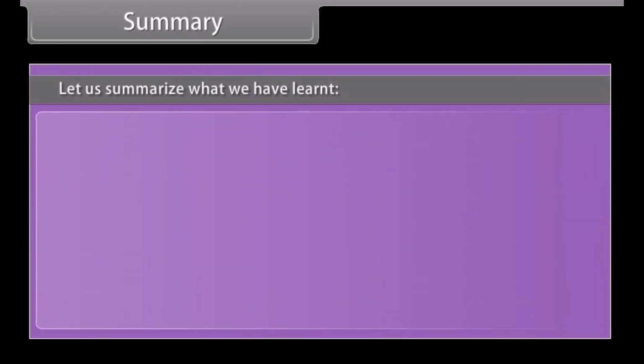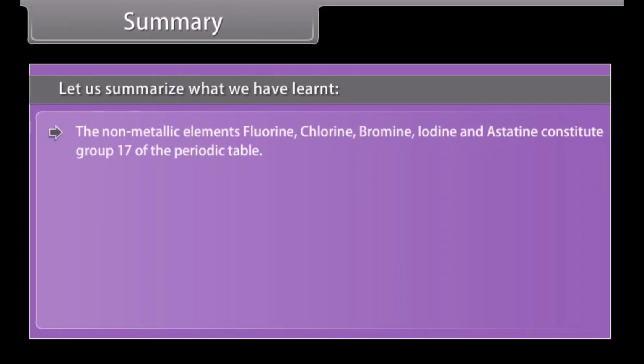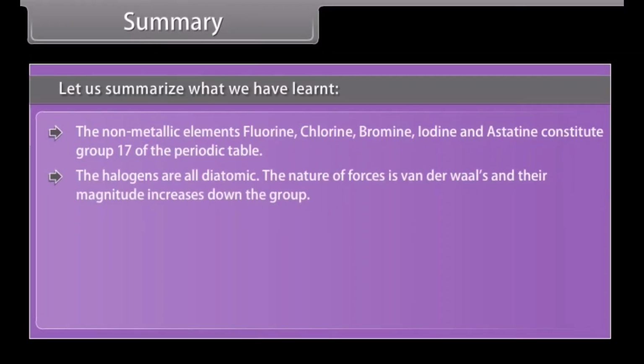Summary. Let us summarize what we have learned. The non-metallic elements fluorine, chlorine, bromine, iodine and astatine constitute group 17 of the periodic table. The halogens are all diatomic. The nature of forces is van der Waals and their magnitude increases down the group.